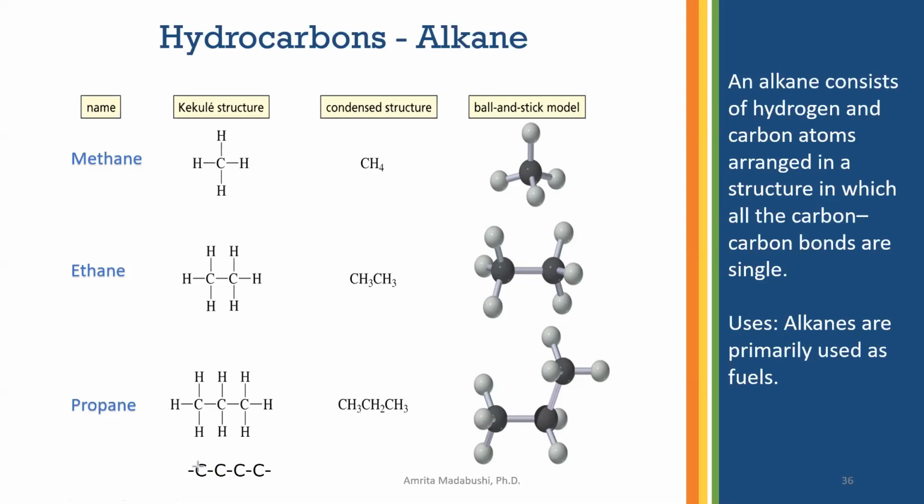Whenever I have to draw the remaining, I'm going to use a red one, to make it easy. This carbon has 2 bonds already. This one should be a hydrogen. This carbon has 1 bond, so 3 hydrogens. This carbon already has 2 bonds, because the inner one has to combine with 2 carbons, so 2 more. And the last one has 3.